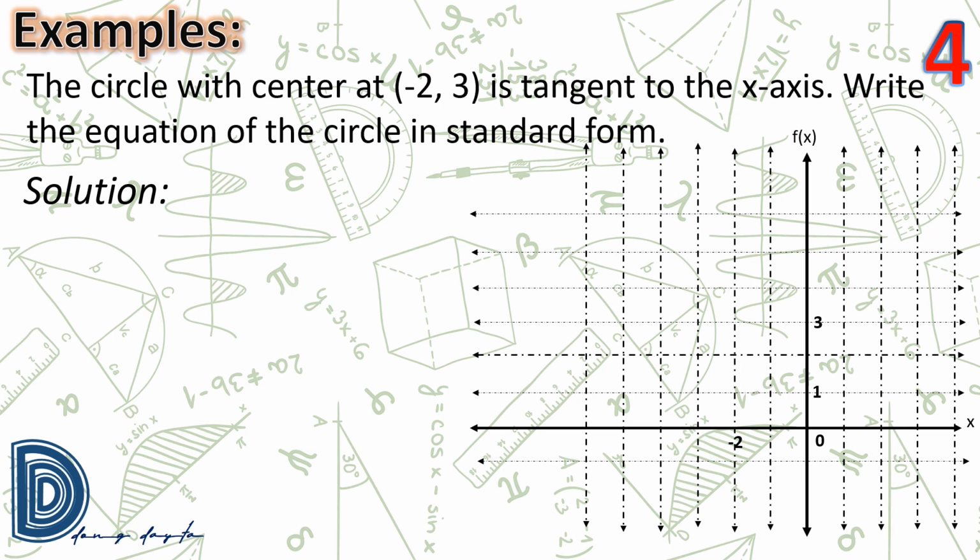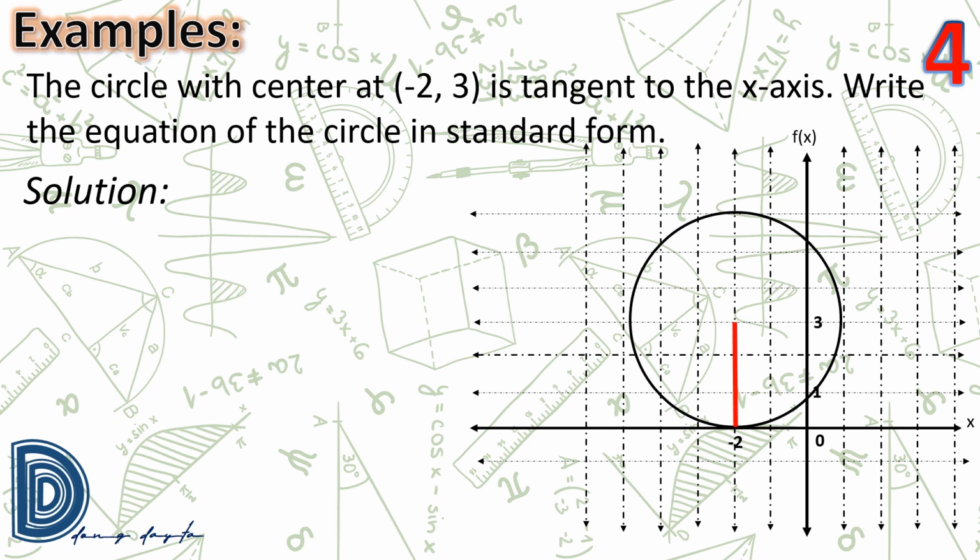So it is tangent to the x-axis with center at negative 2, 3, so that we can get the length of the radius, and the radius is perpendicular to the x-axis at the point negative 2, 0. So the radius will be the distance between the center negative 2, 3 and the point negative 2, 0, and that is equal to 3.